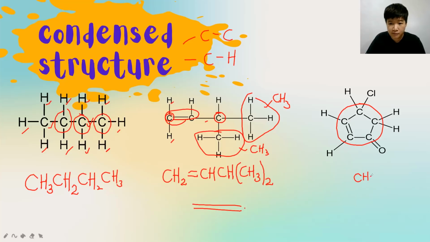CH for the top carbon, bracket with Cl. This carbon, CH, bracket Cl. This carbon is bonded to, on the left side, you have a CH. So it's bonded to a CH. Double bond with another CH. Can you see that? So you have a double bond with another CH. Okay?